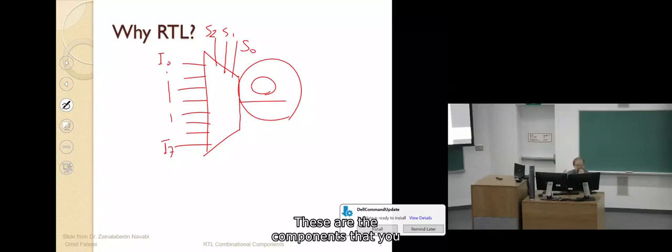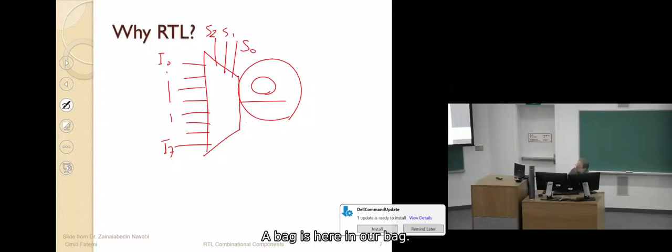These are the components that you will use in your design. It is not good, each time we get higher inputs, to go to the truth table and try to do it from the beginning. So we should have some kind of a bag.